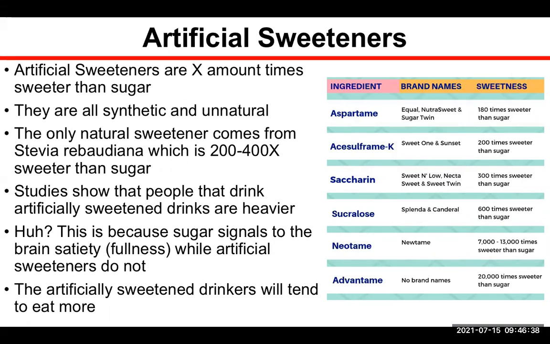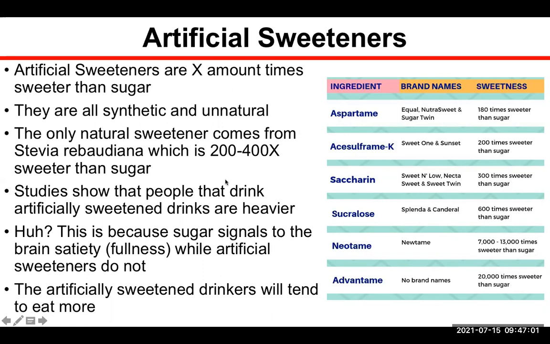And like I was saying in yesterday's lecture, I don't know about you, but for myself, when I'm tasting any of these fake sugars, it just doesn't taste sweet to me. It doesn't taste right. And so things that have artificial sweeteners in them, I stay away from, because they just don't taste good. But there are some people where it hits the receptor just right and they love this stuff.